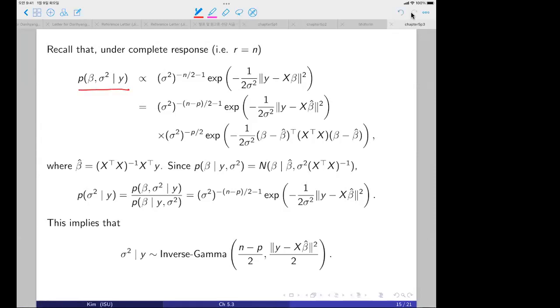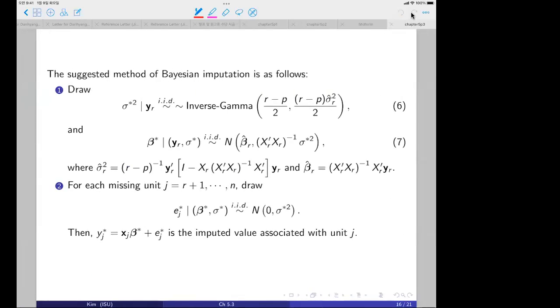Remember, in the complete response case we can generate sigma square from an inverse gamma, and then generate beta from a normal with the sigma square from here, and then use that to generate imputation. So that's typical Bayesian imputation.